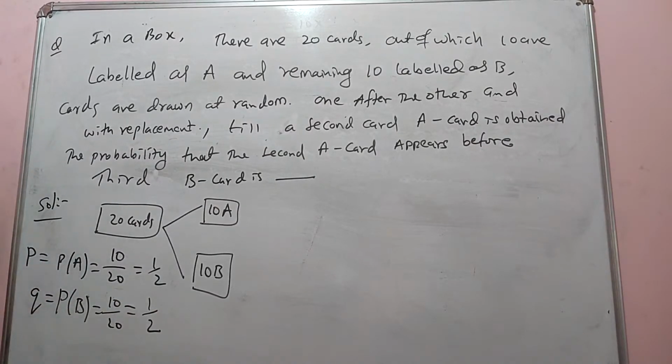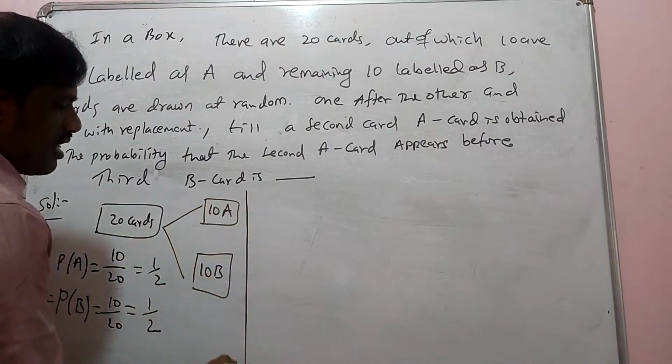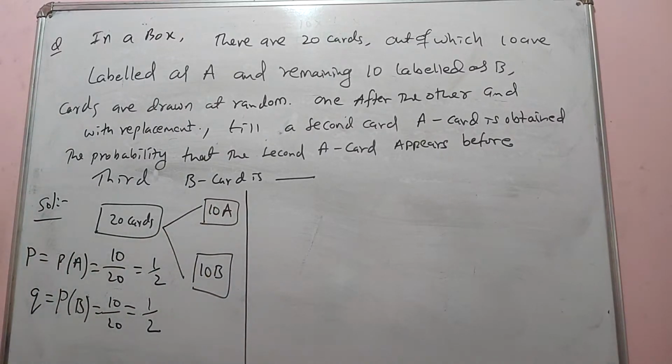Q is also 1/2. So he's saying that in a box there are 20 cards, out of which 10 are labeled as A and the remaining 10 labeled as B. Cards are drawn at random, one after the other, and with replacement, till a second A card is obtained. Our success is to get the second card A. Then the probability that the second card A appears before the third card B is dash.